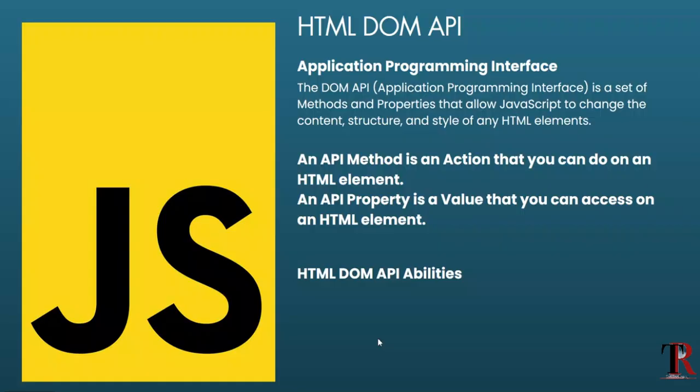So with the DOM API, what are the capabilities? What can you even do with it? Because without the DOM API, all web pages would just look static, like a PDF. There would be no effect. There would be nothing like changing of content, changing of style, or reacting to users, or things like a menu popping up when a button is clicked, or you changing from a white mode to a dark mode.